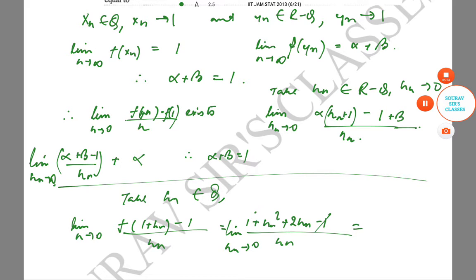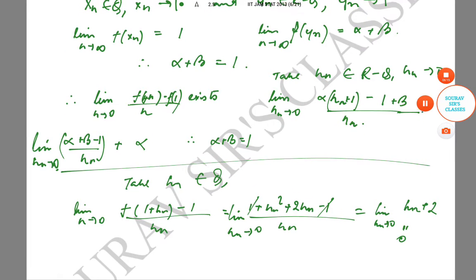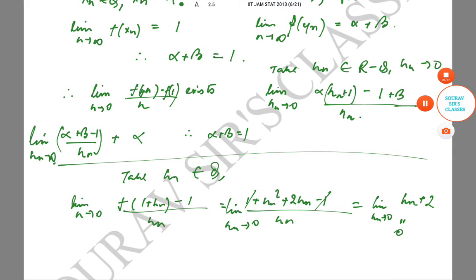Now the 1 and 1 get cancelled out and hn cancels the hn in the numerator, and we have limit as hn goes to 0 of hn plus 2, which is equal to 2.